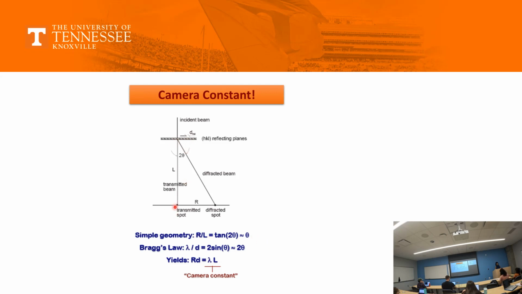Generally, this is where you can calculate a value of d by this formula. R you would get from your diffraction spot. Lambda, you would know the wavelength depending upon the energy of your electron source. L by the column, right? So what is left here? d, which is unknown to you, and you can change your samples and, with a very, very simple basic mathematical formula, you can know what d is.